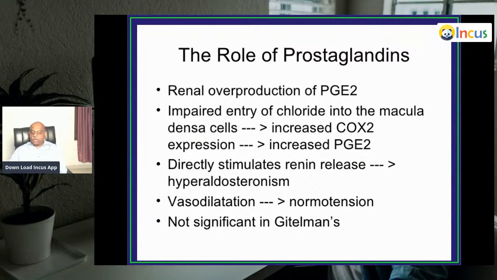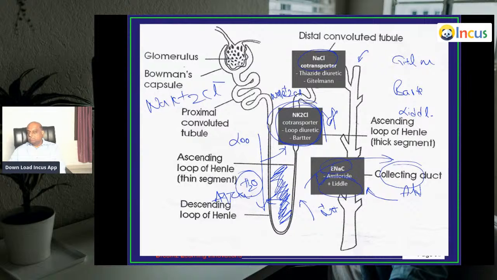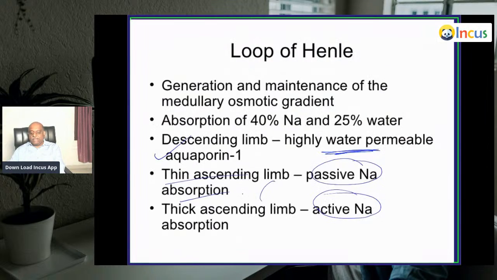Similarly, whenever the person is having Bartter syndrome, the sodium potassium 2-chloride channel is blocked. Because of that, the amount of chloride entering the macula densa decreases.